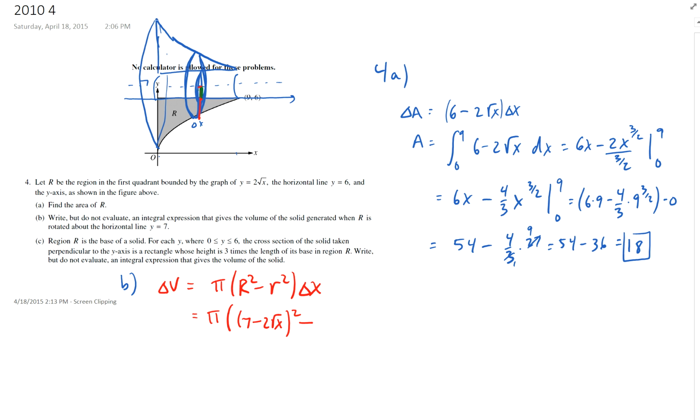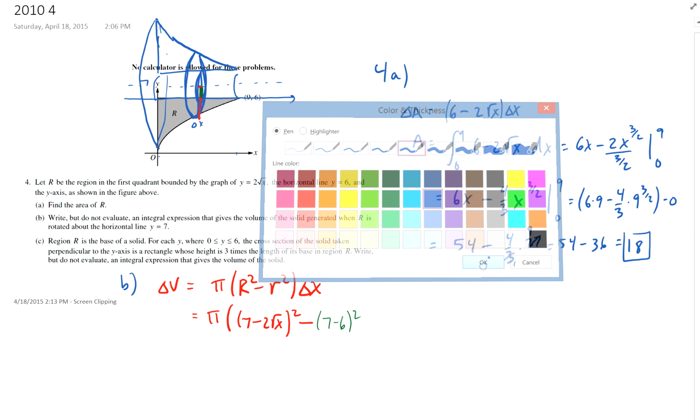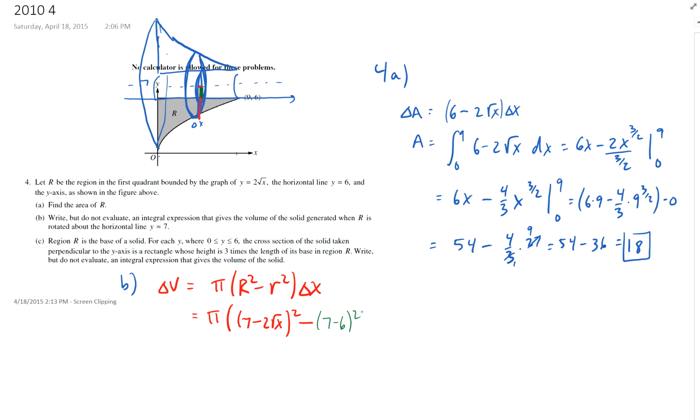That guy right there, 7 minus 6, squared, delta x. Okay, so that makes sense.